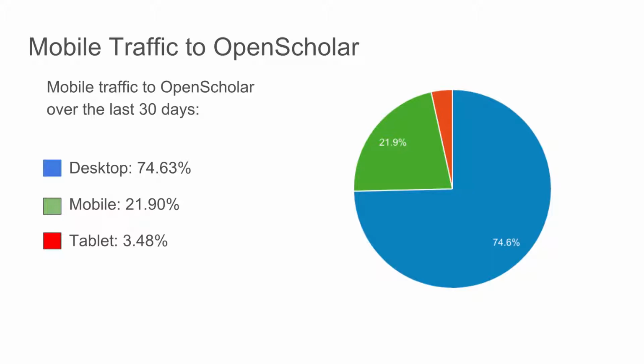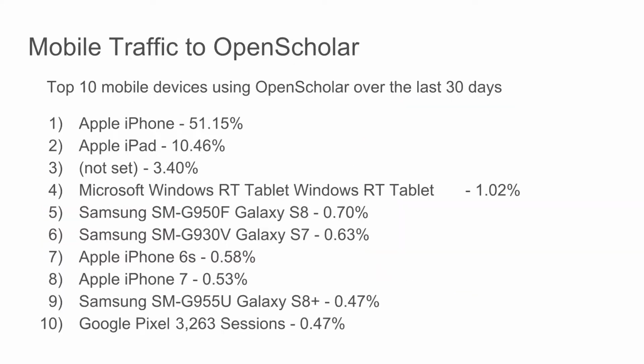So anyhow, I recall doing this maybe a year ago, and it was around 10. So it's increased. It's just from my memory, so don't quote me on it, but I was surprised. It's a little higher than it was last year. Some typical devices: a lot of iPhones and iPads. Some of these numbers are redundant, like iPhone 6, but these are the main devices hitting OpenScholar websites in the last 30 days.